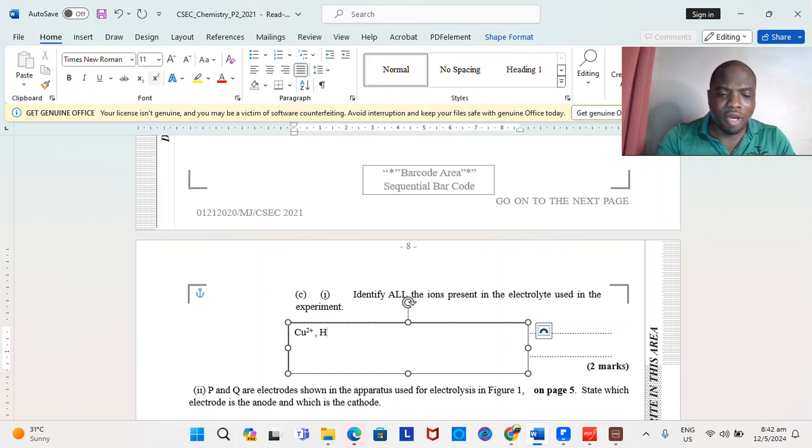We have our hydrogen ions. We also have our sulfate ions. Finally, we have our hydroxide ions.